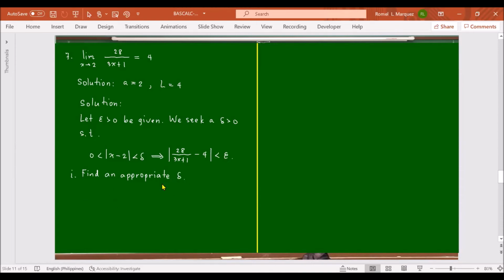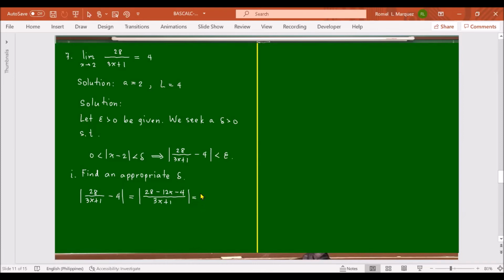So by considering this conclusion, let's have the left side, 28 over 3x plus 1 minus 4. And this is equal to what? If I get the LCD, I will have 28 minus 3x times 4, that is 12x, no? Minus 12x minus 4, all over 3x plus 1. Okay, guys?